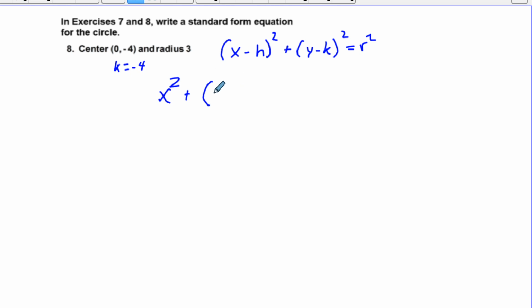So we're going to have y minus negative 4, it's going to be y plus 4 squared, and equals r squared. So that's going to be 3 squared or 9. So there we are.